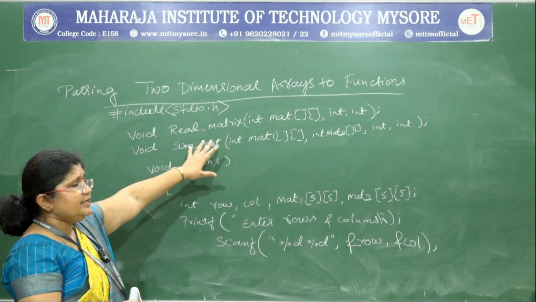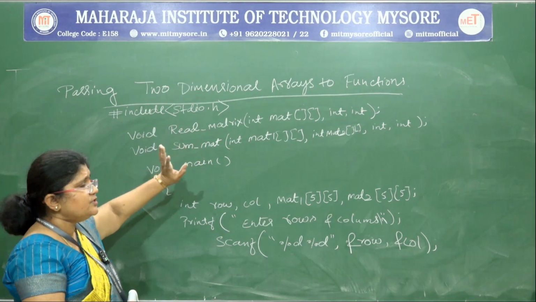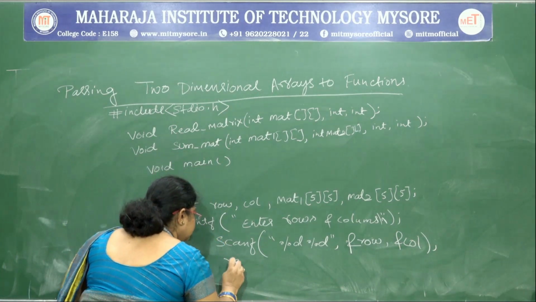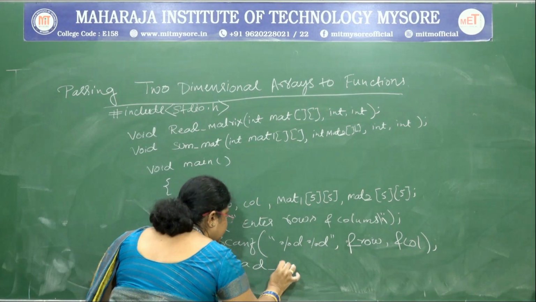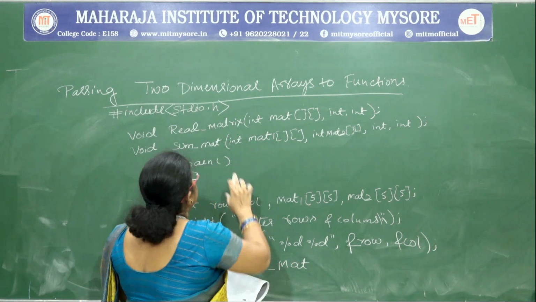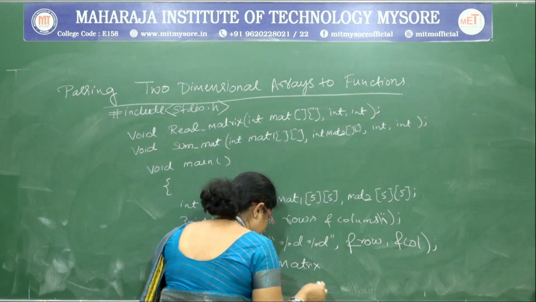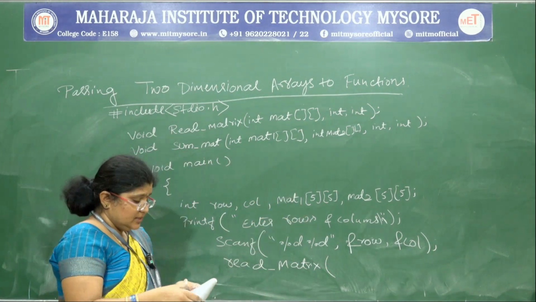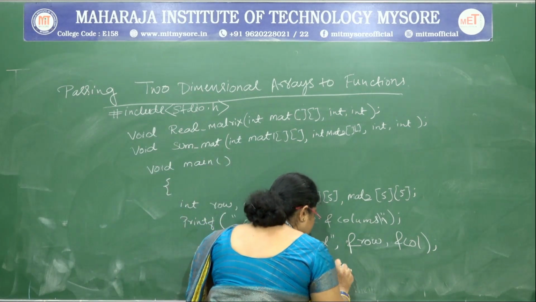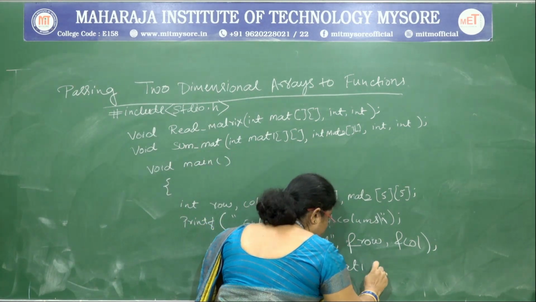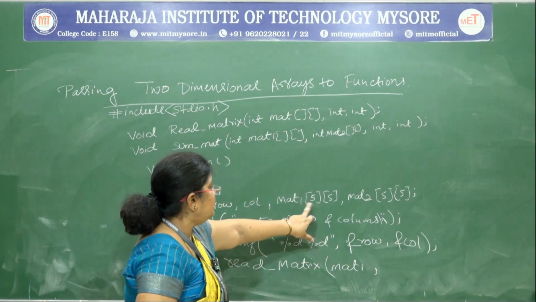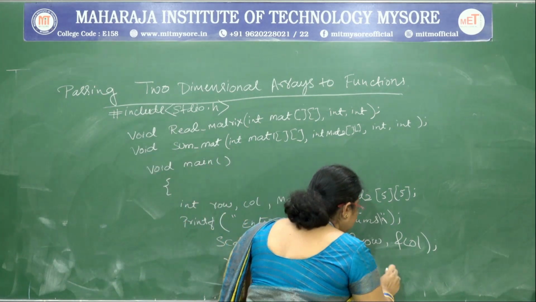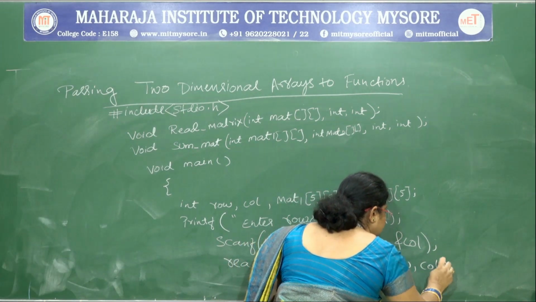So we call read_matrix, passing mat1 with its dimension, and we pass the row value and column value: mat1, row, comma, column.